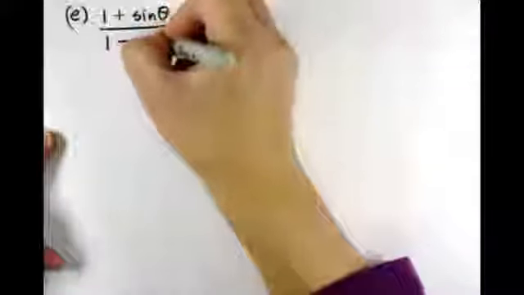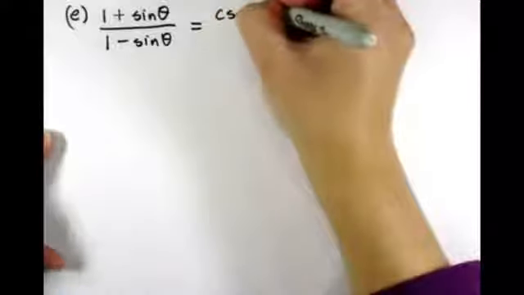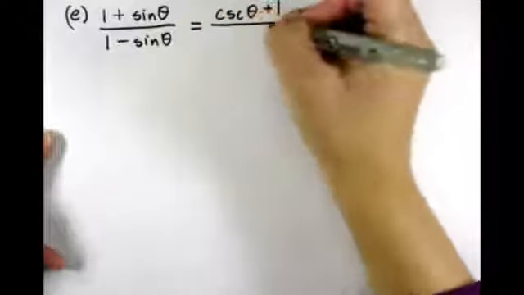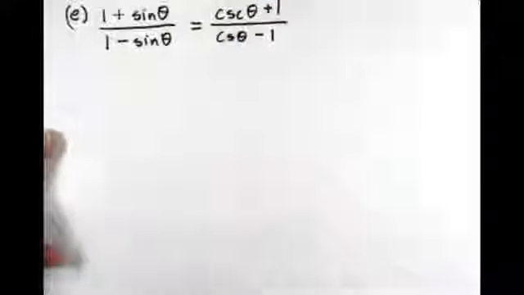Example E. I have 1 plus sine theta over 1 minus sine theta is equal to cosecant theta plus 1 over cosecant theta minus 1.